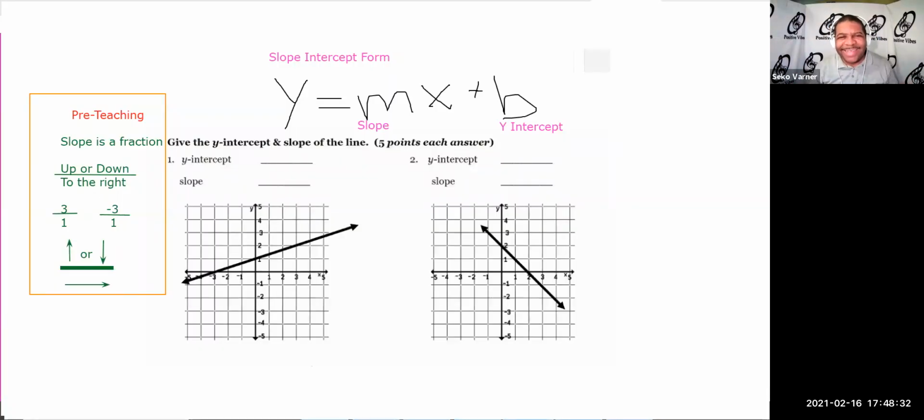So let us continue. We're dealing with slope intercept form. As I said, the m is the slope, and the b is the y-intercept. Well, let's talk very quickly. Here is the y-axis. This line here is the y-axis.